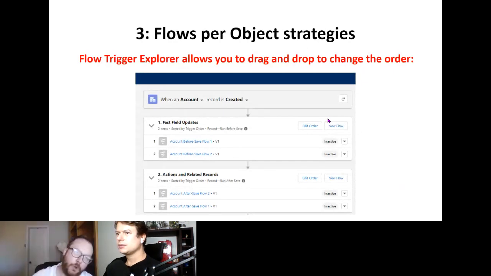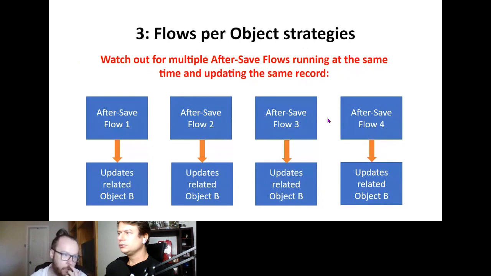So the last thing I want to mention on the flows per object strategies is I generally like exploring the concept of having multiple flows per object, this new strategy. But one thing I'll caution you on, and one thing that I'm very conscious about when I build flows, is having multiple after save flows all running at the same time and updating the same record. So the reason is, let's look at the example here.